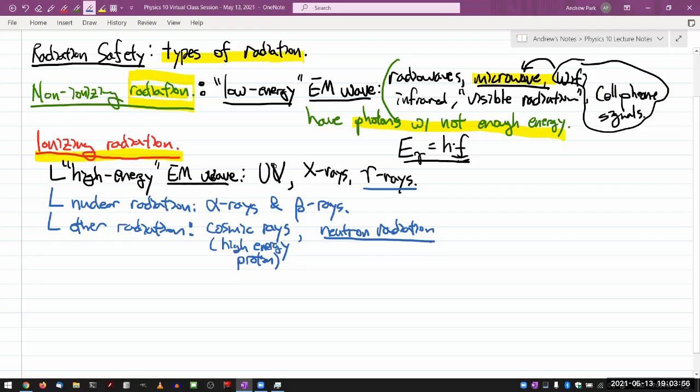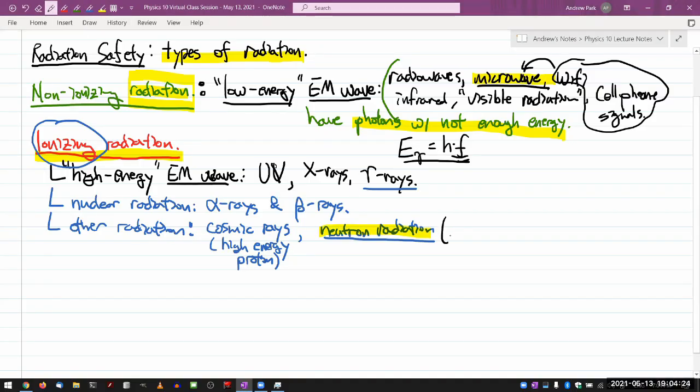But there are other sources of radiation that have the potential to cause ionization, either directly by imparting enough energy to electrons in atoms and molecules, or by producing secondary radiation that causes ionization. Neutron radiation is actually one example that can cause secondary radiation.